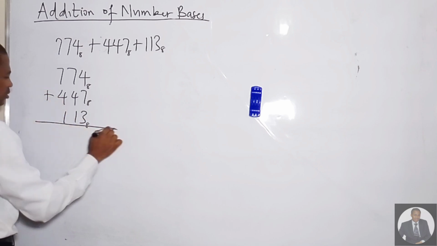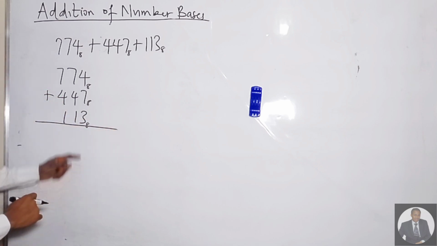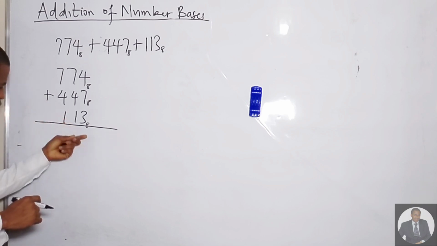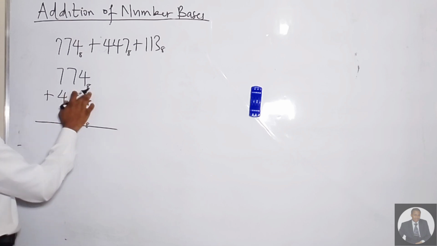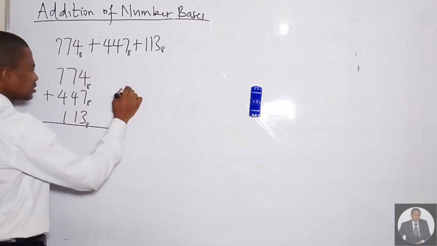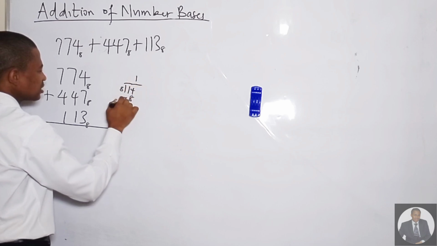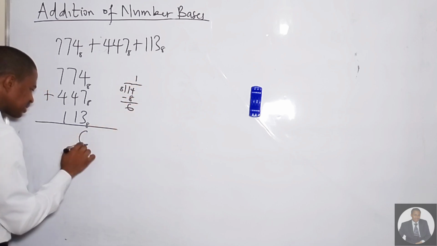We had the rule. The answers we get must be at least 1 below the base. So 7 plus 3, 10 plus 1, 14. Cannot write 14. So we say how many 8 is in 14? 1. What remains? 6. So we write 6.